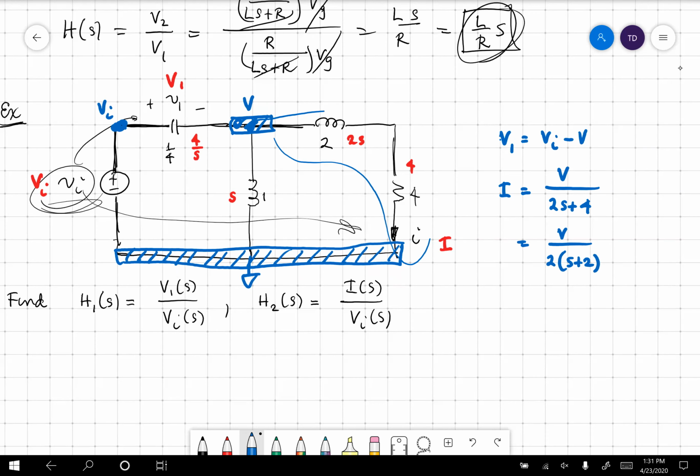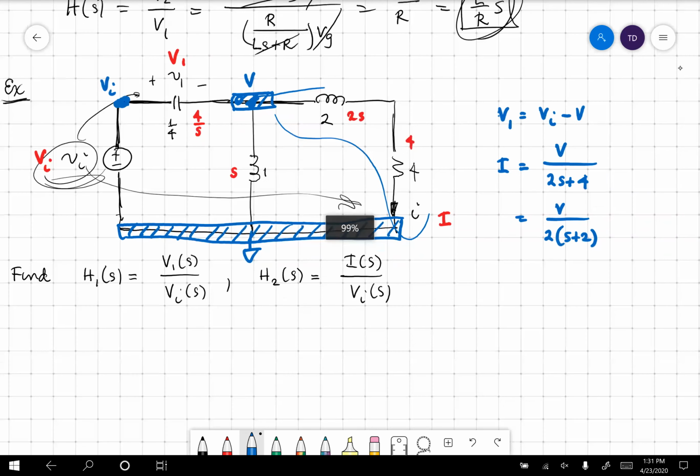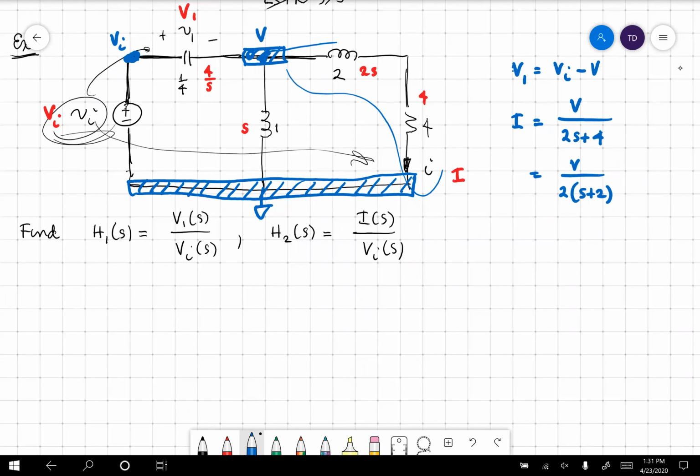Beautiful. Let's do our analysis, see how long it takes us to get to our answer. So at V we have V minus VI divided by 4 over S. We said flip that around, S over 4, plus V over S, plus V divided by, and we already know it's 2S plus 4, which is twice S plus 2.